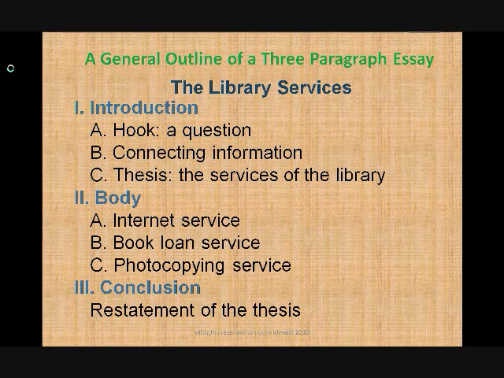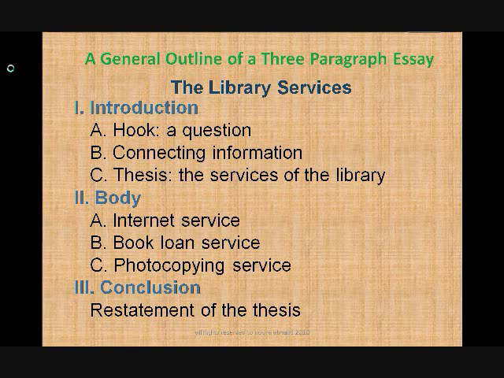Finally, you have the conclusion, and there's nothing under the conclusion except the restatement of the thesis. You just take the thesis out of the introduction, rephrase it maybe, and place it there as your conclusion.